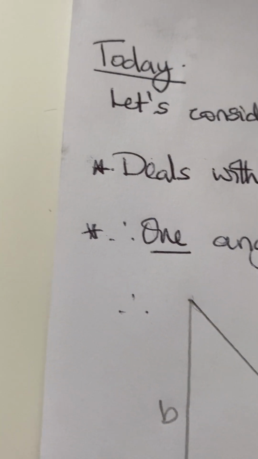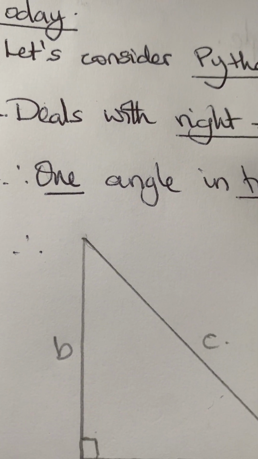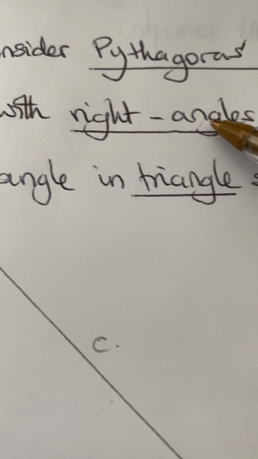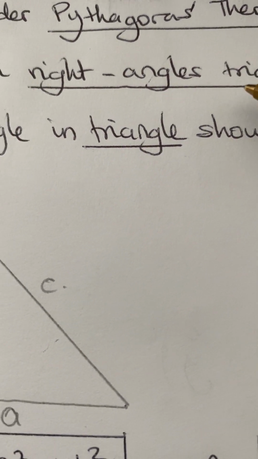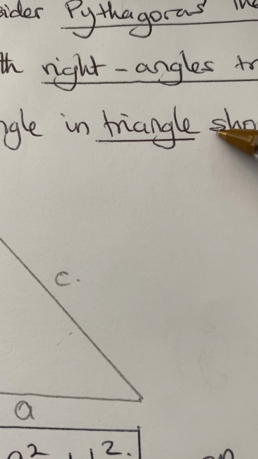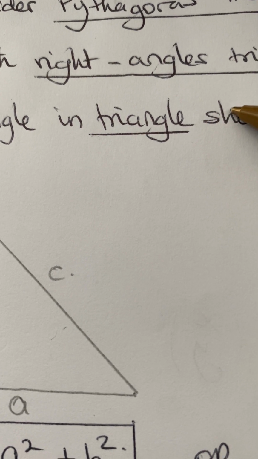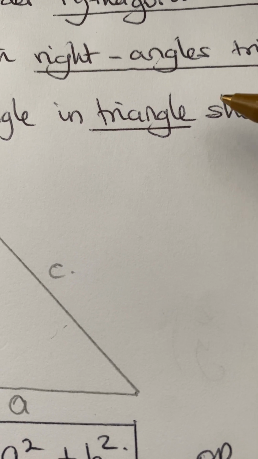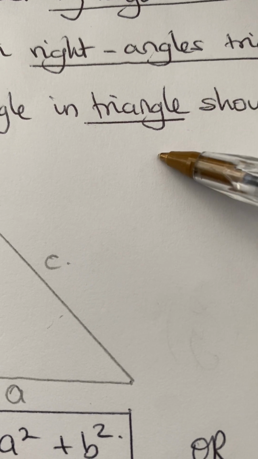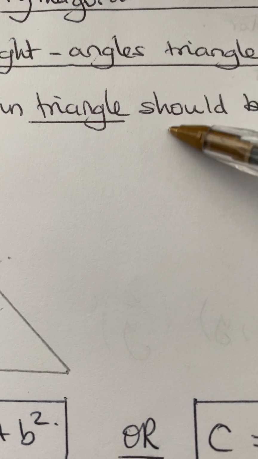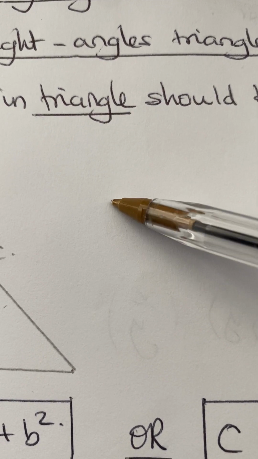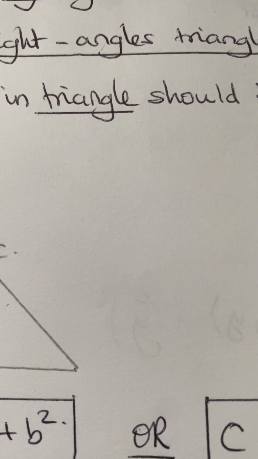Now, it deals with the right angle triangles. By now you should know what a right angle triangle is. But for the sake of those who don't know and are watching the video for the first time, you have a triangle and one of the angles is 90 degrees.